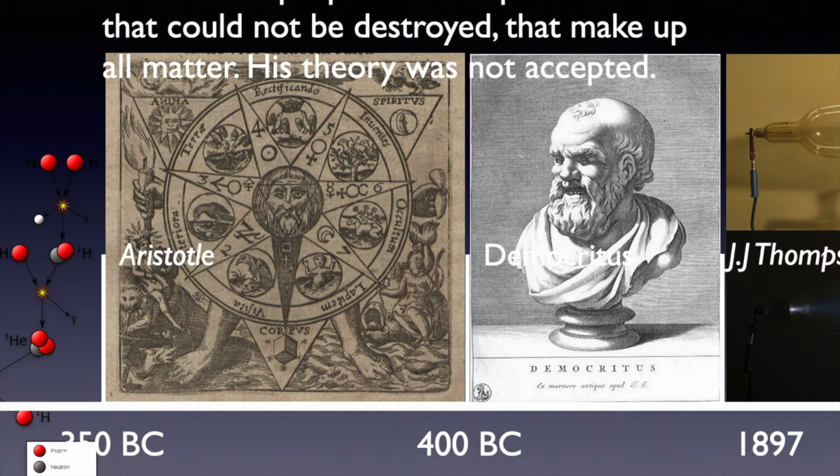But his theory was not accepted, partly because Aristotle refused that, and he was a big guy back then, and everybody kind of liked to go along with Aristotle to be popular and have their ideas accepted. And Democritus was rejected, all right? But he was right. But like I said, people held the wrong belief about what actual atoms are for a couple thousand years until Dalton's atomic theory came about, all right?